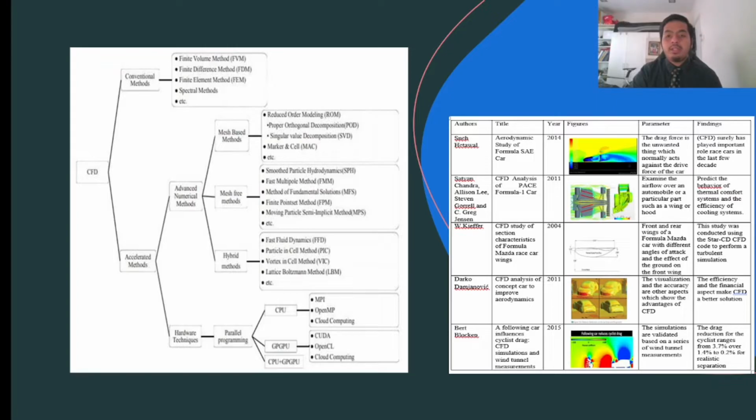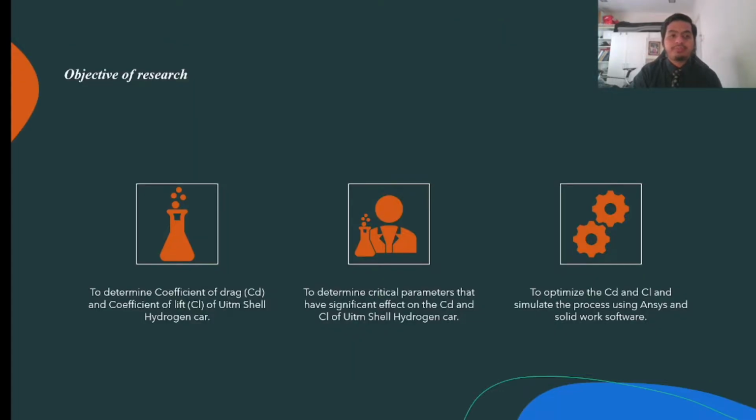These are examples of the literature review that I found: aerodynamic study of a Formula SAE car, CFD analysis of the pace Formula 1 car, CFD study of section characteristic of a Formula Mazda race car from 2004, CFD analysis of a concept car to improve aerodynamics in 2011, and a following car influences cyclist drag in 2015.